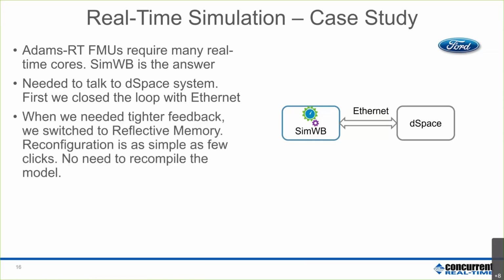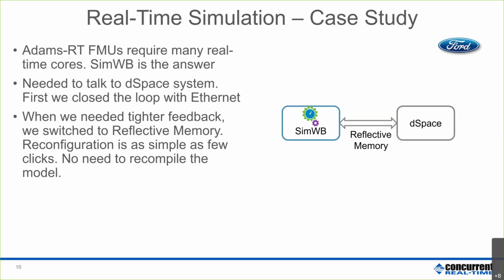We had that, but there was a problem because normal Ethernet communication is not deterministic, and it is slow. So they needed a tighter feedback in the loop. We suggested using reflective memory, which is very fast and very deterministic.